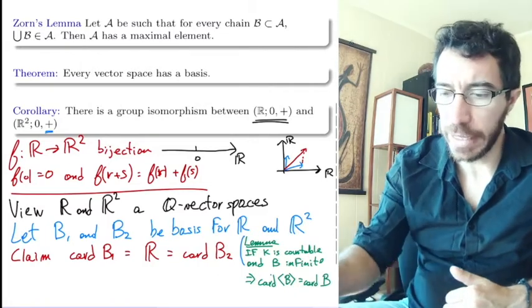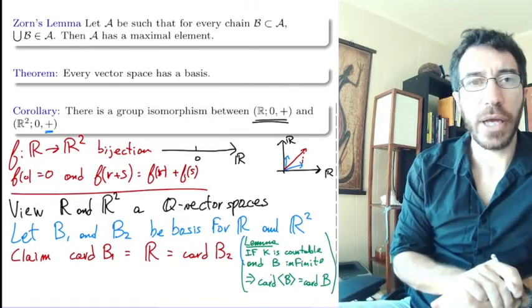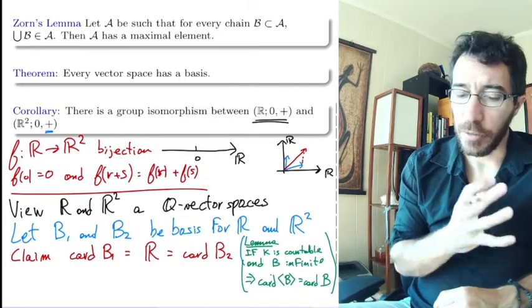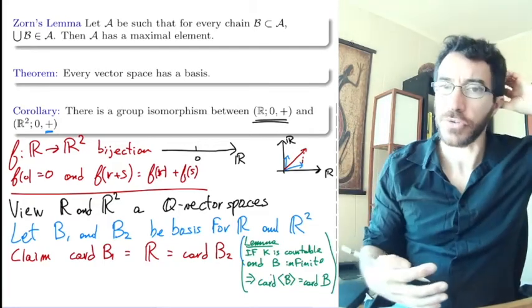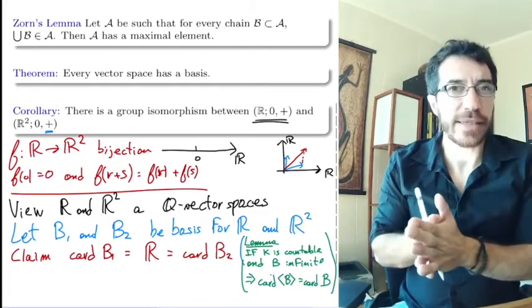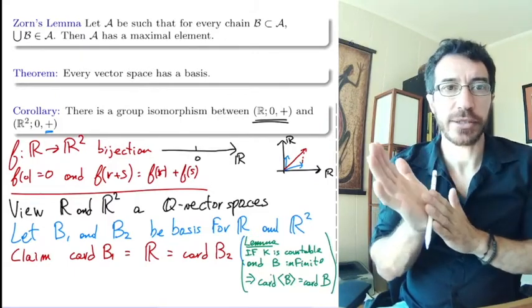So when you take the span of an infinite set over a countable field, it doesn't increase the cardinality of the basis. So that lemma we might prove next week. We don't have the tools yet.